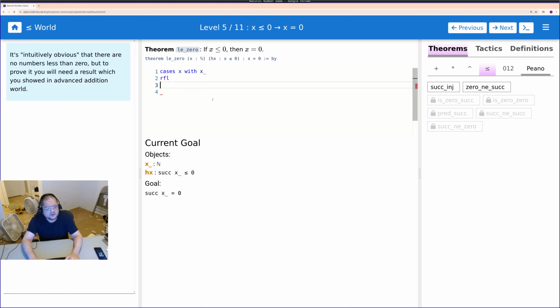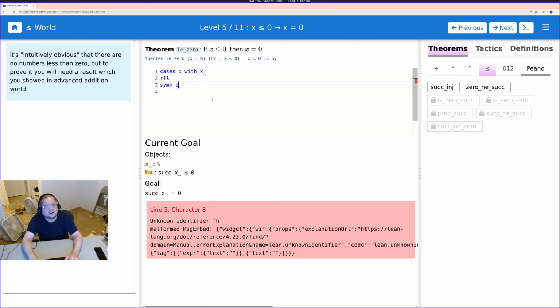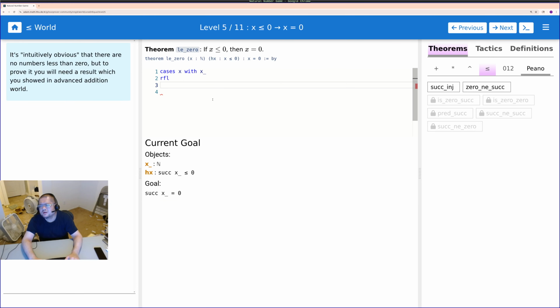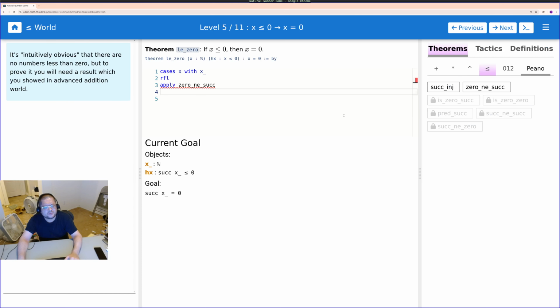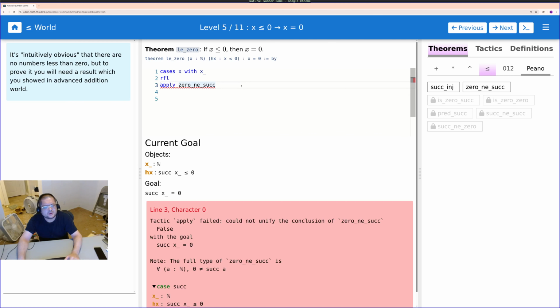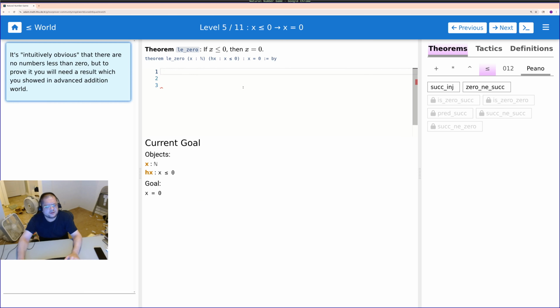This is one that's easy. And this case here, we're going to, we can't do that. Let's take a step back and think about this.